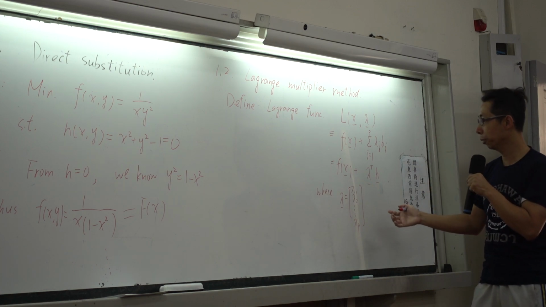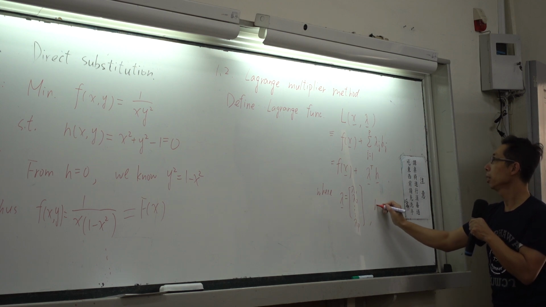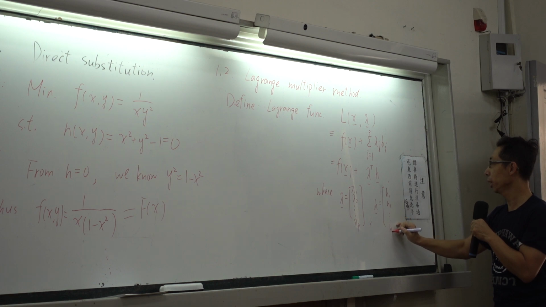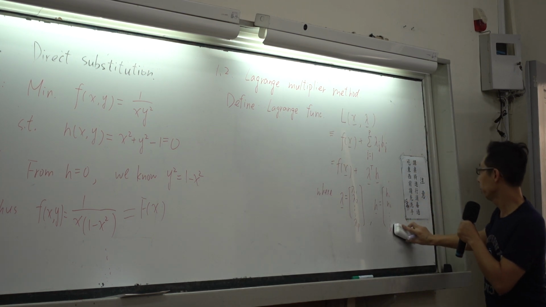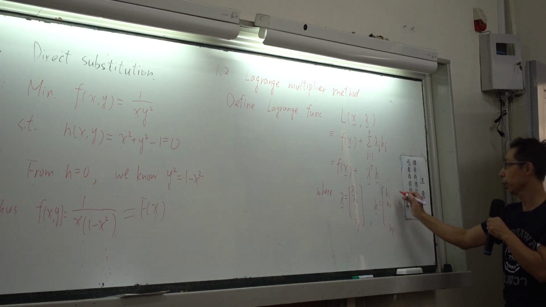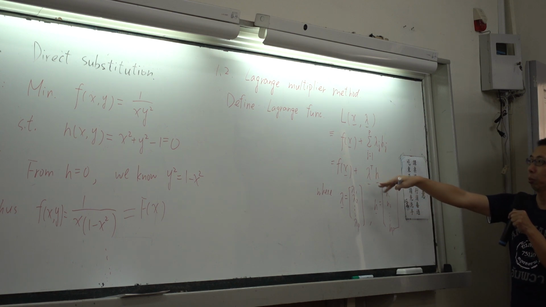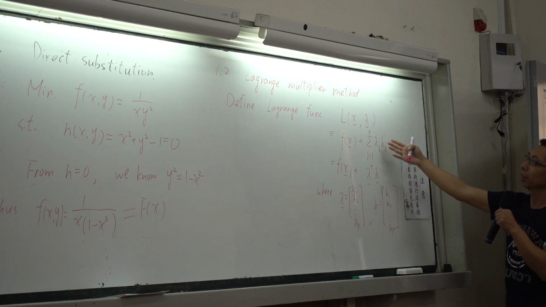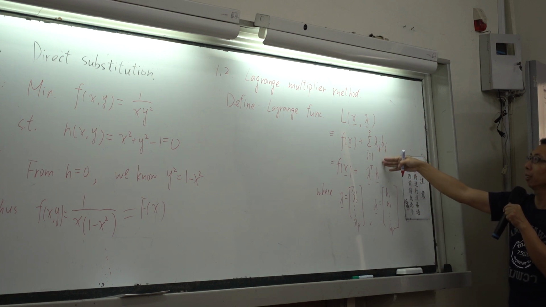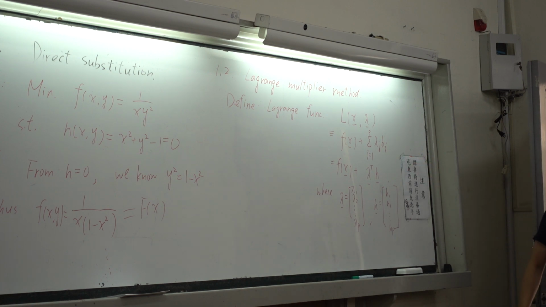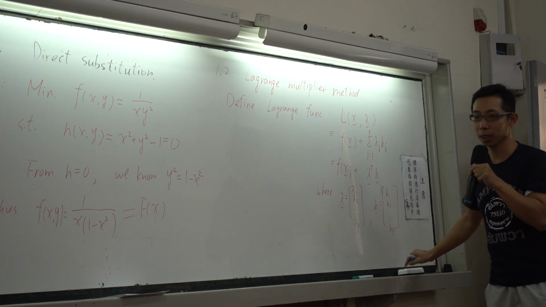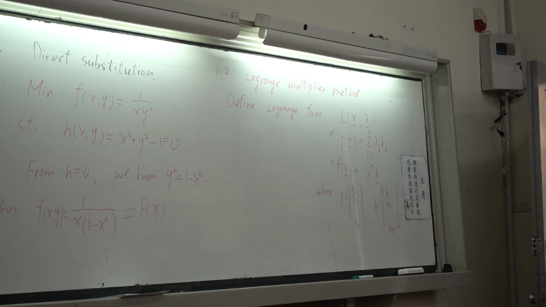There are p different lambdas. And the so-called h vector is just h1, h2, up to h sub p. There are p constraints. So in vector form, this is what we write: f of x plus lambda transpose h, or you can simply write it using the summation sign. So we just defined the Lagrange function, and then we can start to perform the calculation.